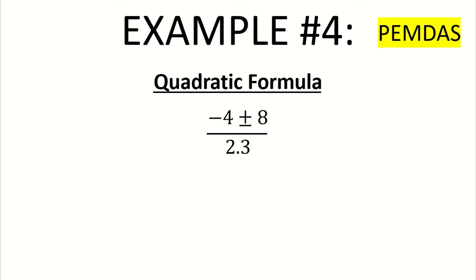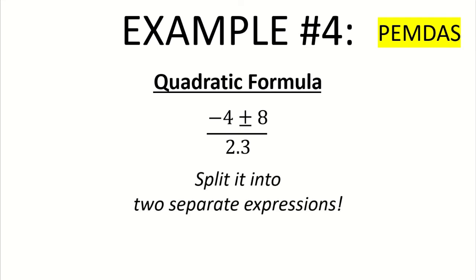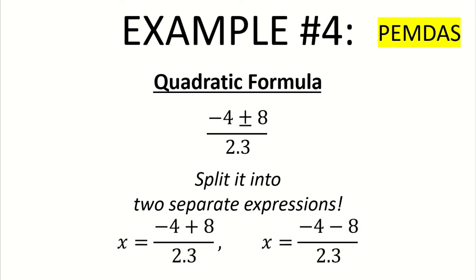Here we need to solve both addition and subtraction operations in the same expression, which is not possible. So we will split the expression into two simpler ones and we will solve both of them one by one. So the first one is x is equal to negative 4 plus 8 divided by 2 times 3.